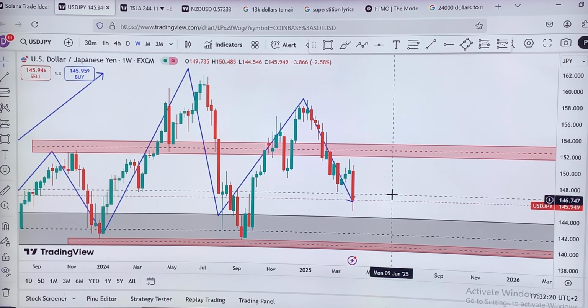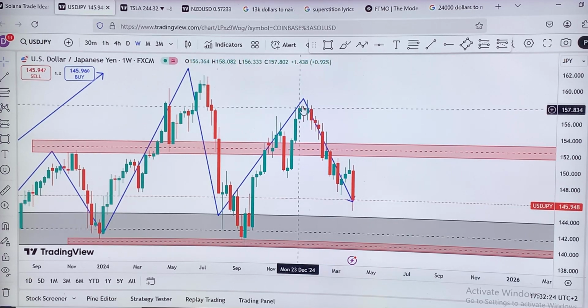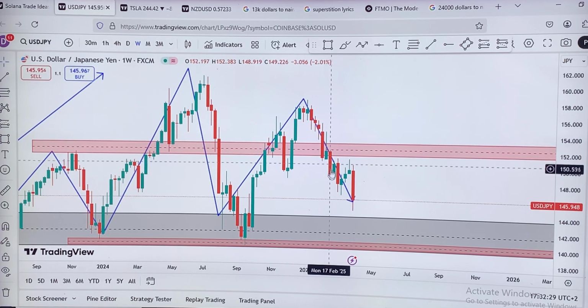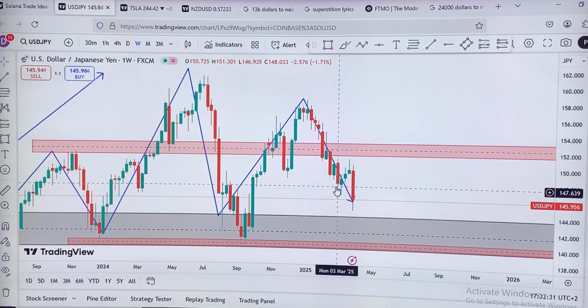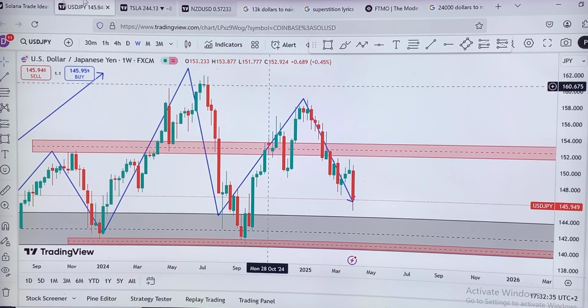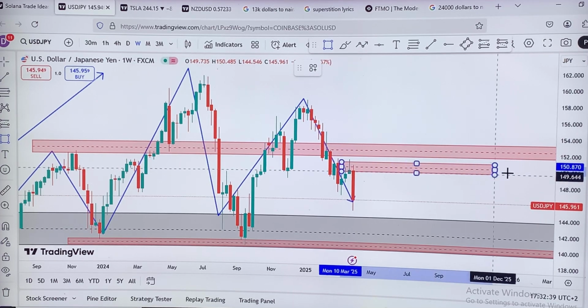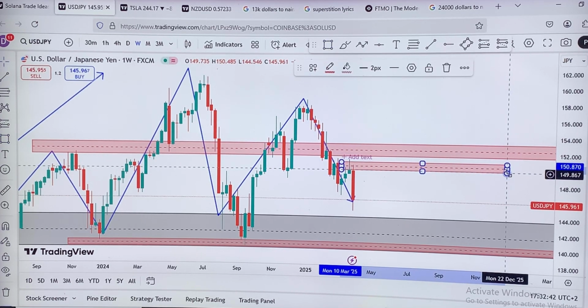Who is in charge? Right now it's obvious that sellers are in charge here, because if you read it, low, lower high, lower low, lower high, lower low. I'm seeing this on the weekly. All right, let's change the color.